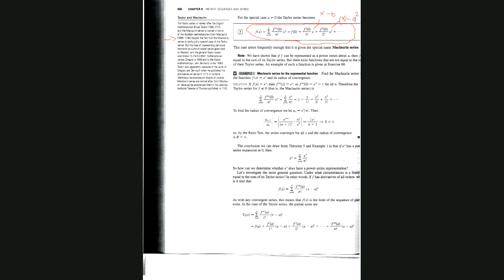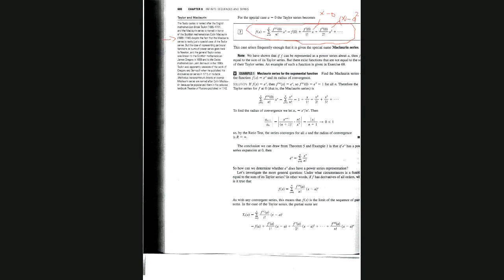I want to get to a few examples, but are there any questions so far? All right, while we're here, why don't we just look at this book example, something very simple.